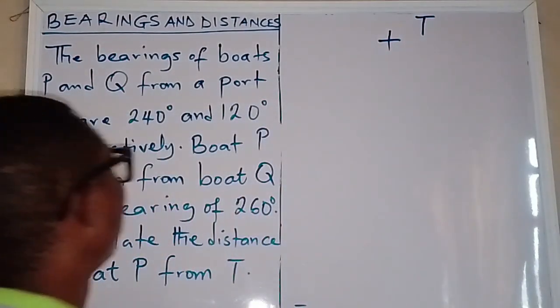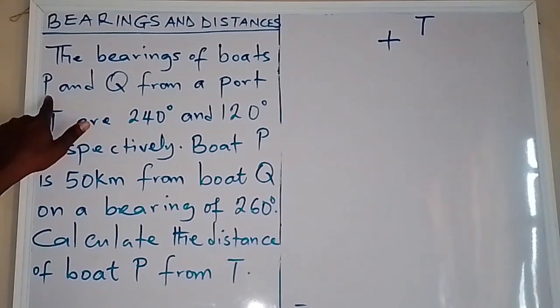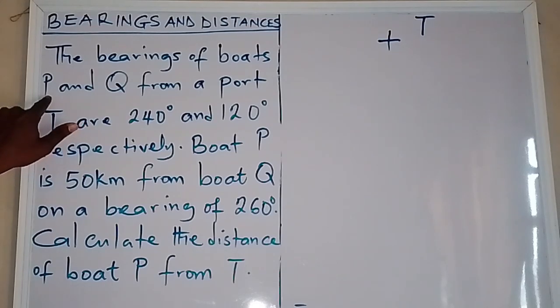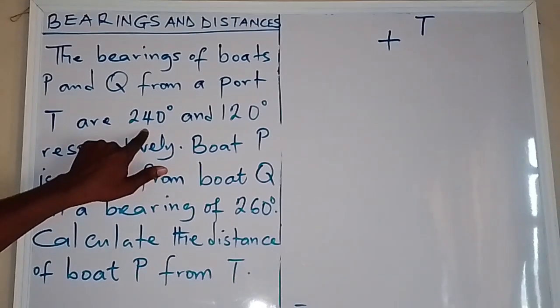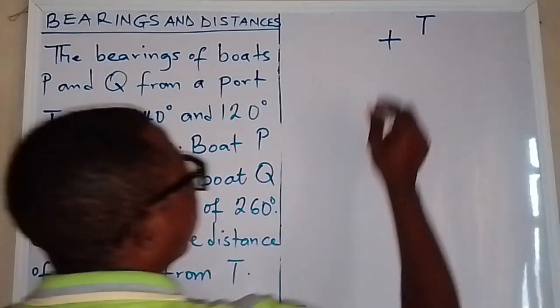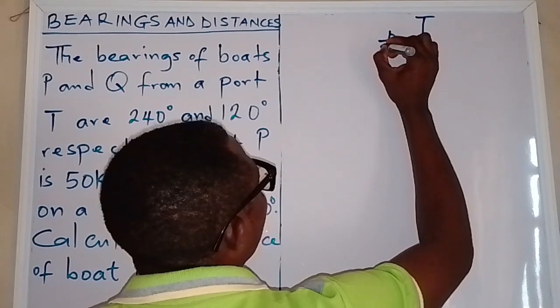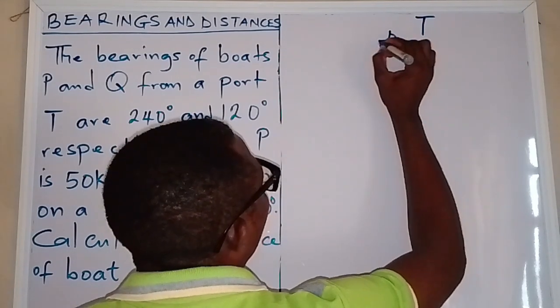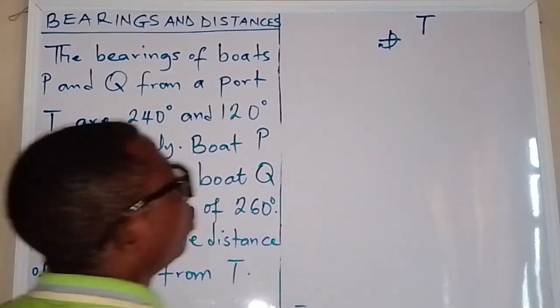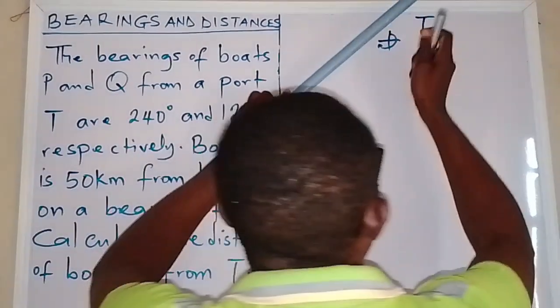Now, the bearing of P from T is 240 degrees. So I'll take the measurement from the North Pole, move down, almost getting to 270. So we bring it down.